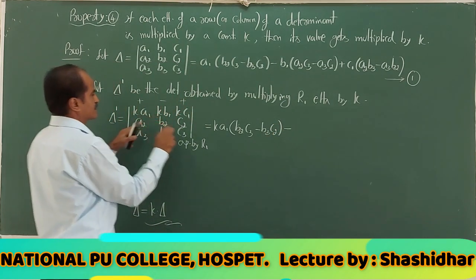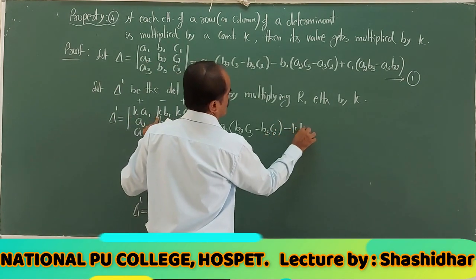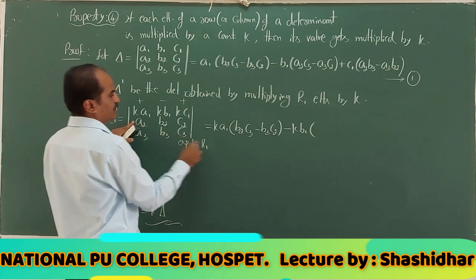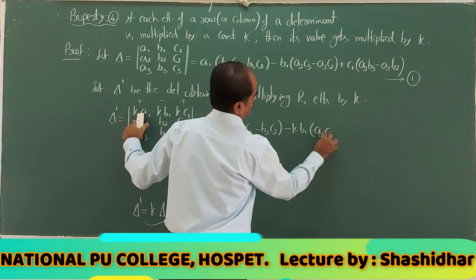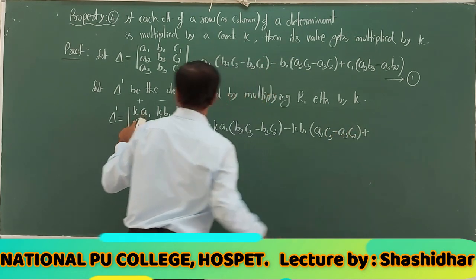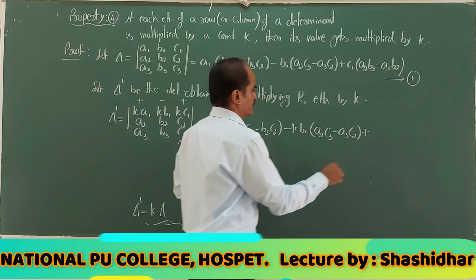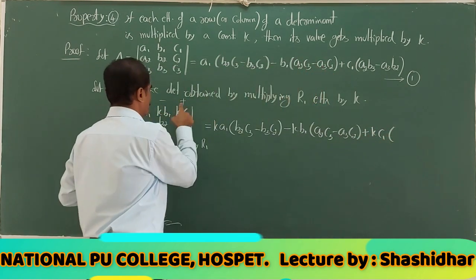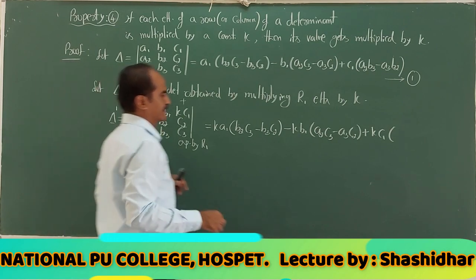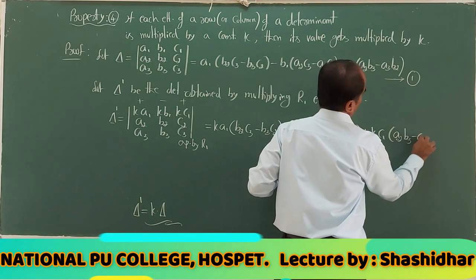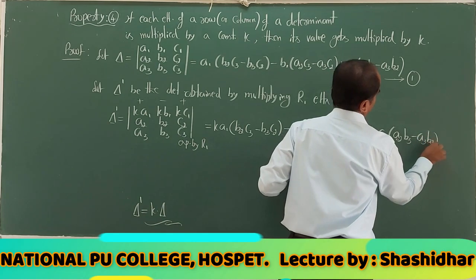Next, minus KB1 into leave first row, second column, A2 C3 minus A3 C2, plus KC1 into leave first row, third column, A2 B3 minus A3 B2.